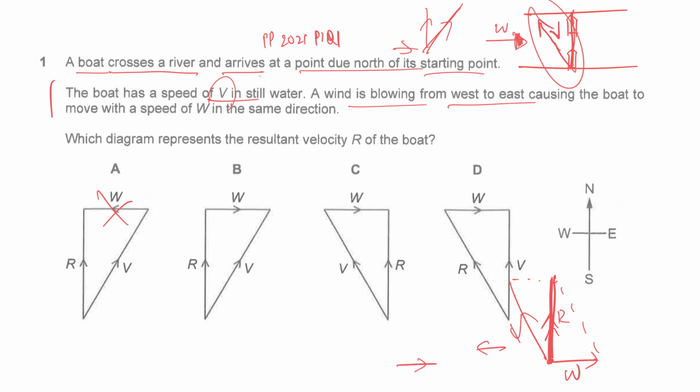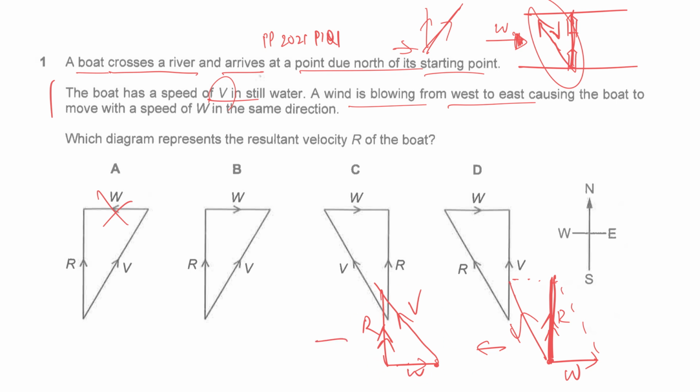I start with the wind that's here, then the tip is here. I'm going to join my V in this direction. That's your V, and the resultant will be somewhere around here. That's your R. But you can see that there's no option similar to my tip-to-tail method here.